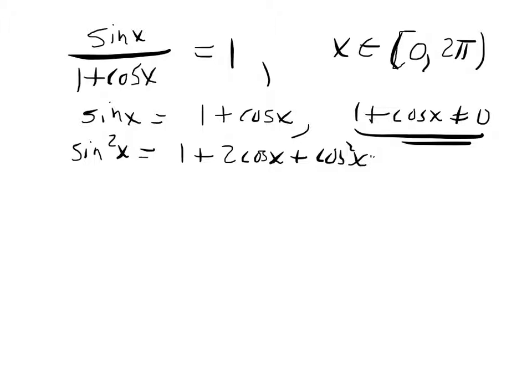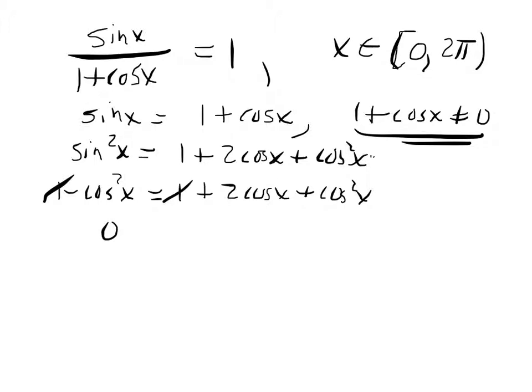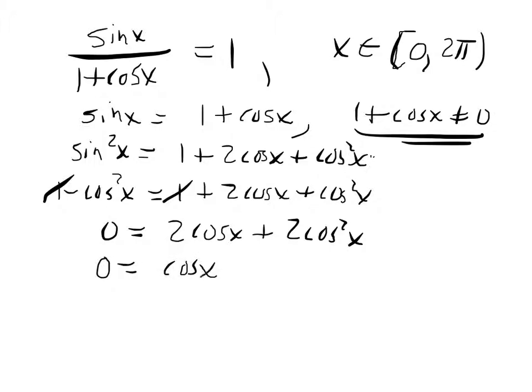And at this point, I see I've got a sine squared, and everything else is in terms of cosine. So I can take care of that with the Pythagorean identity: 1 minus cosine squared x equals 1 plus 2 cosine x plus cosine squared x. Ones will cancel. Let's move the cosine squared over to the other side. I get 0 equals 2 cosine x plus 2 cosine squared x. Factor out a 2, 0 equals cosine x plus cosine squared x.